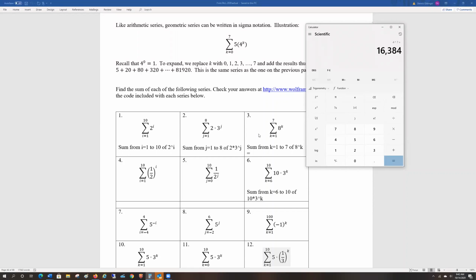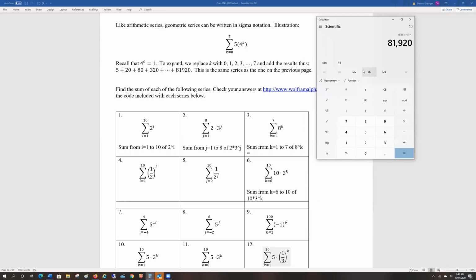But of course, you could just do 4 times 4 times 4 times 4 times 4 times 4 times 4, but that would be a little tedious. So after you do 4 to the 7th, then you multiply it by 5, and you get 81,920. Oh, really? Yeah, there it is, 81,920. Now, just so you'll know, if you have a scientific calculator, and you're supposed to have one for this course, but that doesn't mean you do have one. Likely you have one on your cell phone, just FYI.